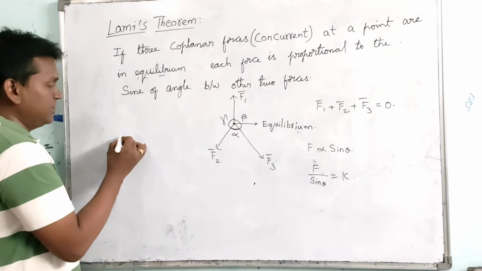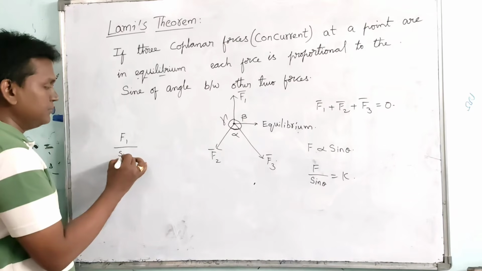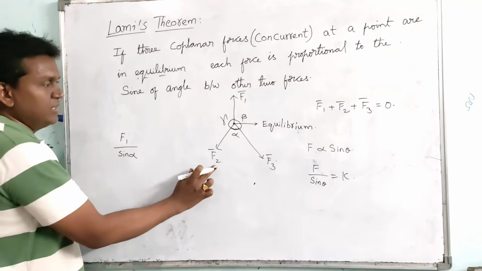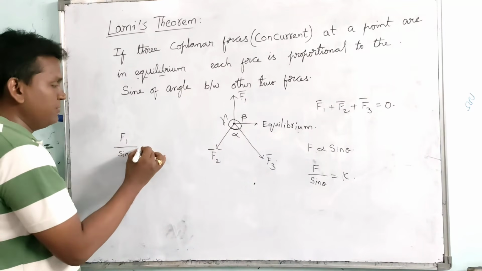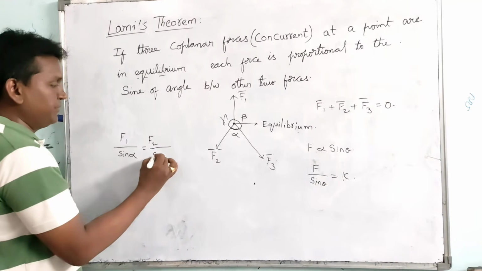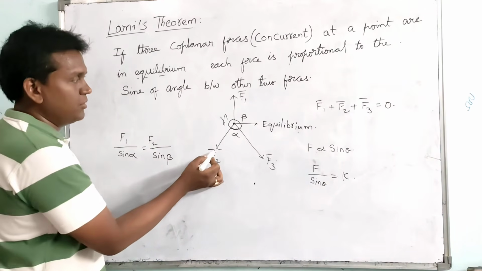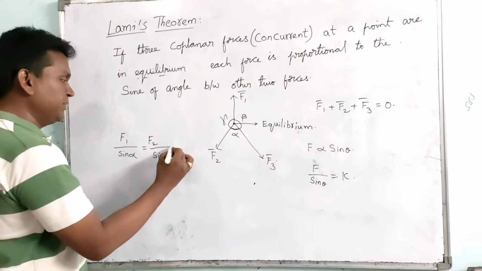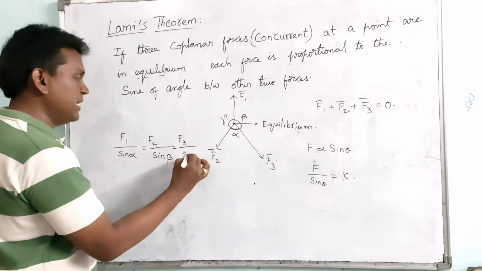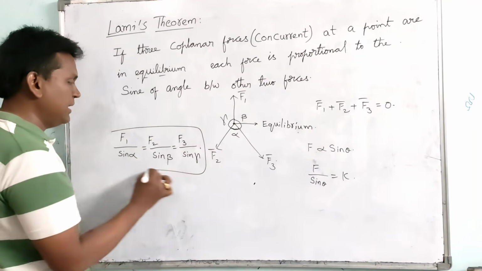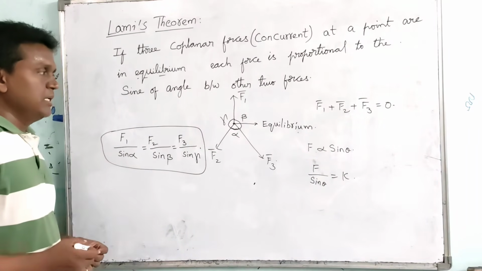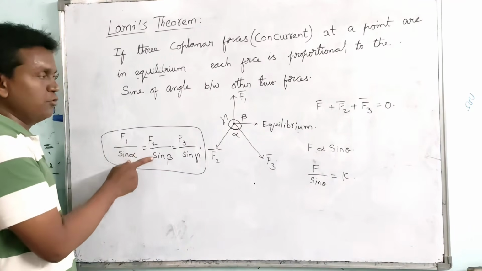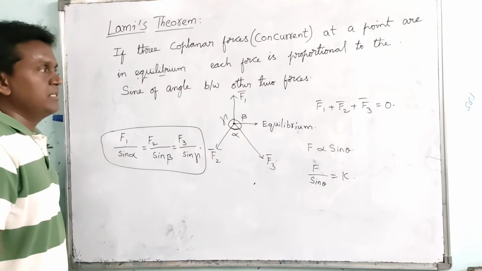That means F1 by sine alpha, as for force F1 the other two forces are F2 and F3 and the angle between them is alpha, is equal to F2 by sine beta, where the angle between F1 and F3 is beta, which is equal to F3 by sine gamma. So this is Lami's theorem. All these ratios are equal: F1 by sine alpha equals F2 by sine beta equals F3 by sine gamma.